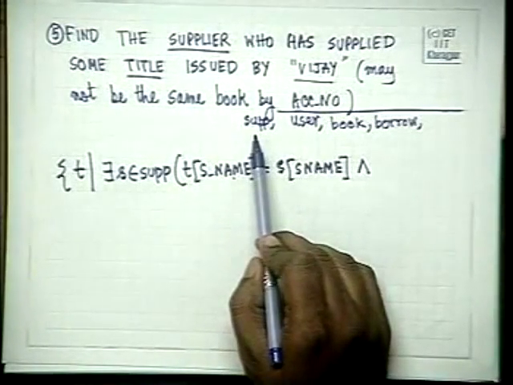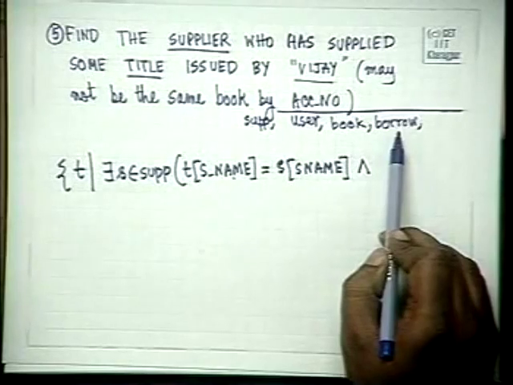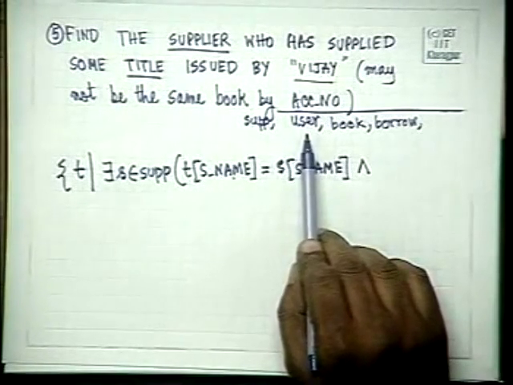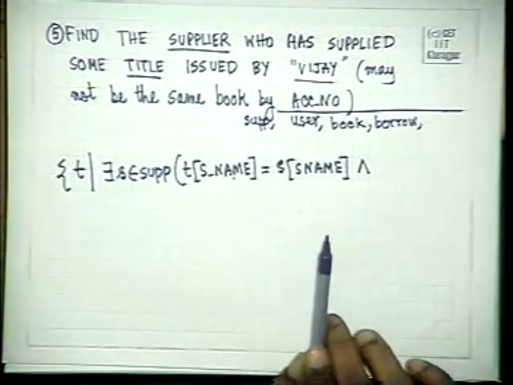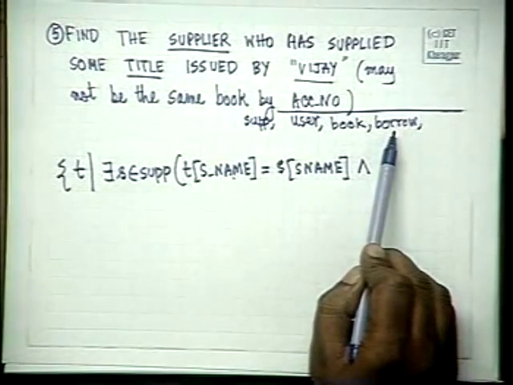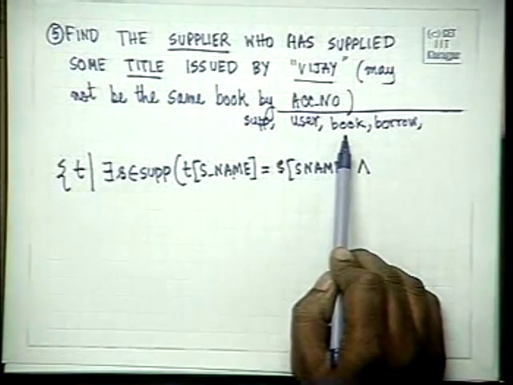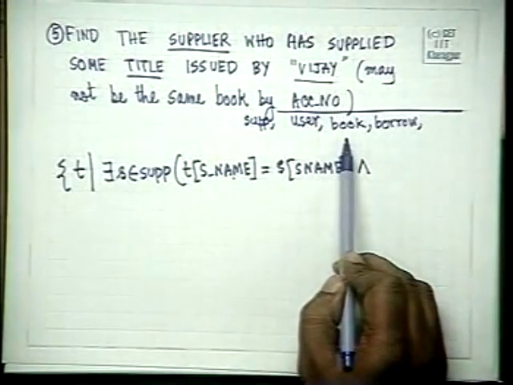From here you get the accession number of the book. From the accession number of the book and the borrow relation, you will get the card number of Vijay, the name of Vijay, and you will have to match the name of Vijay. That is the first thing which has to be done, that you have to find out that this book has been issued by Vijay. That is point number one. Then from the book and the title, you will have to use this book relation twice.